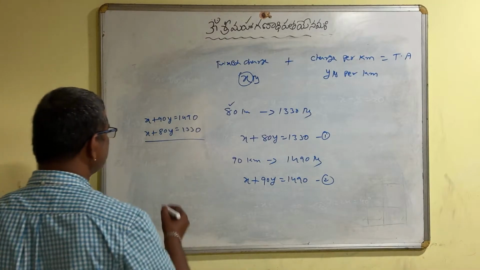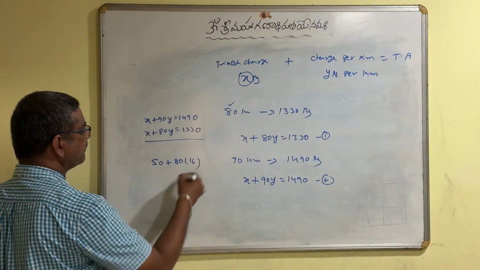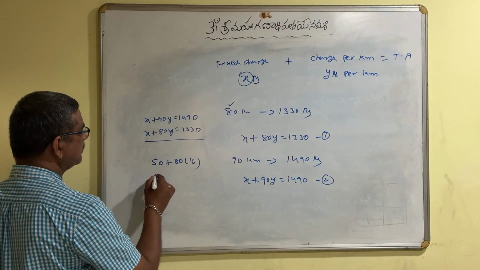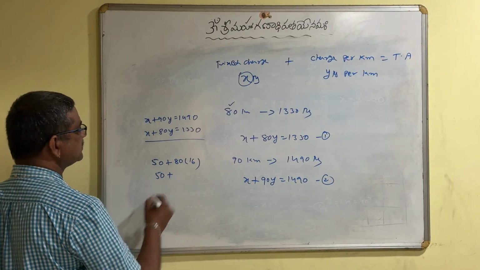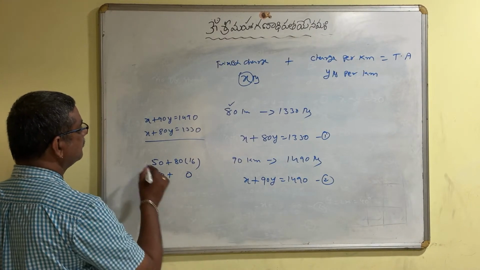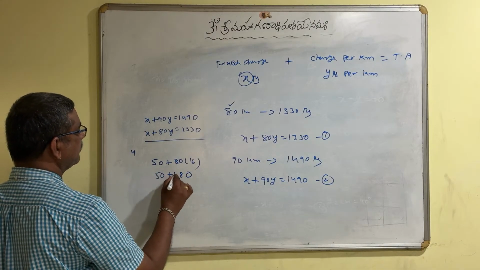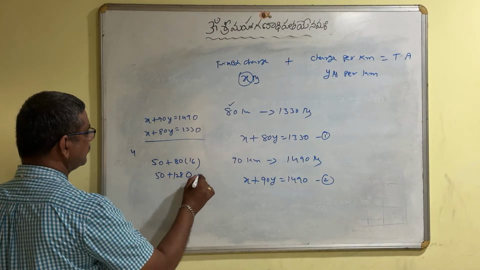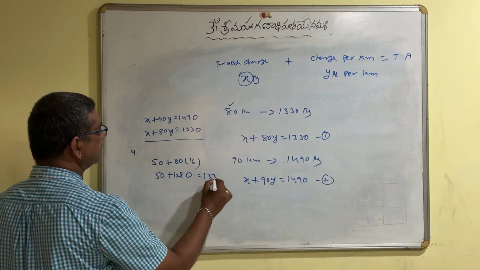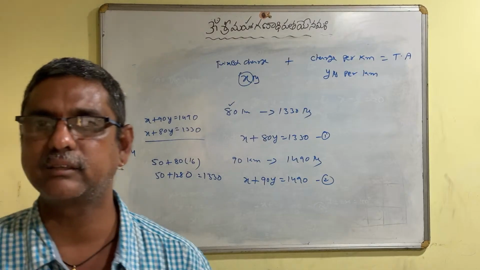Fixed charge 50 rupees, na? 50 plus 80 into 16. How much? 1280. 1280 plus 50, 1330. Which is right. So your answer is right.